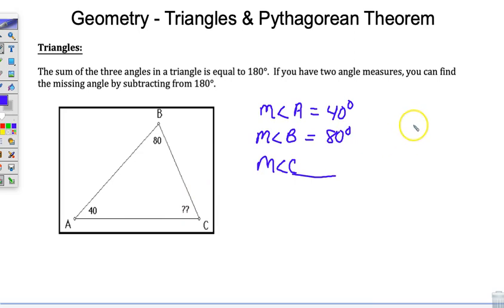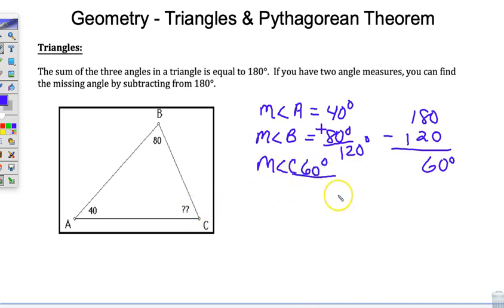If I add up 40 and 80, I get 120 degrees. If I then take that 120 degrees and subtract it from 180, I can find the missing measure, which C happens to be 60 degrees. All three must add to 180 degrees to be considered a triangle.